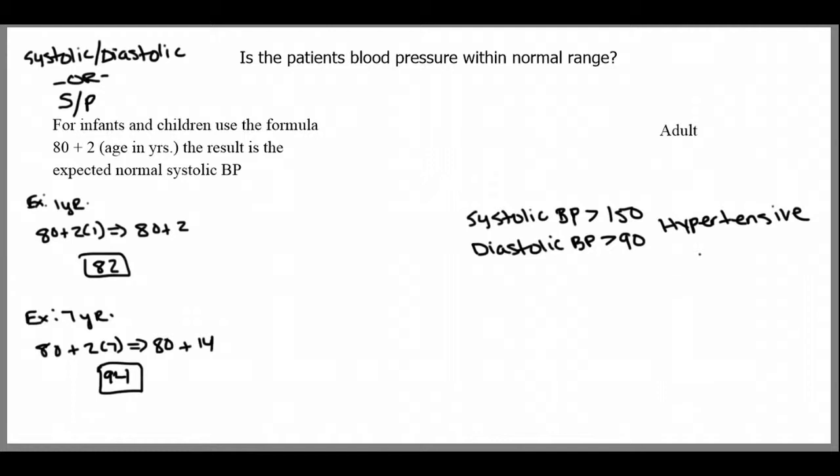Hypertensive refers to high blood pressure. Systolic blood pressure below 90 is hypotensive. Hypotensive refers to low blood pressure.